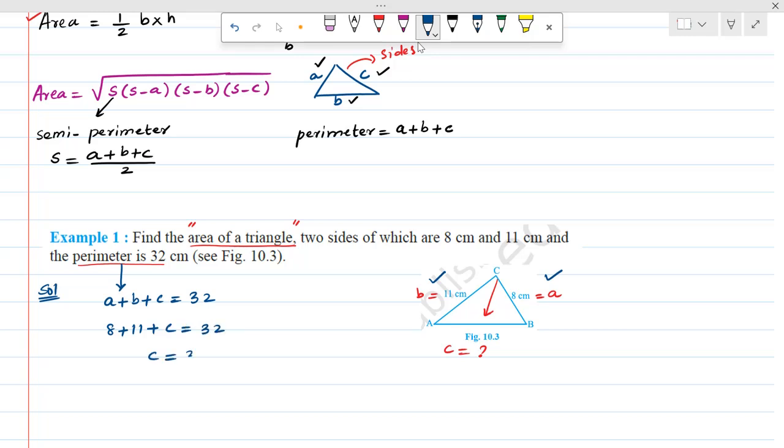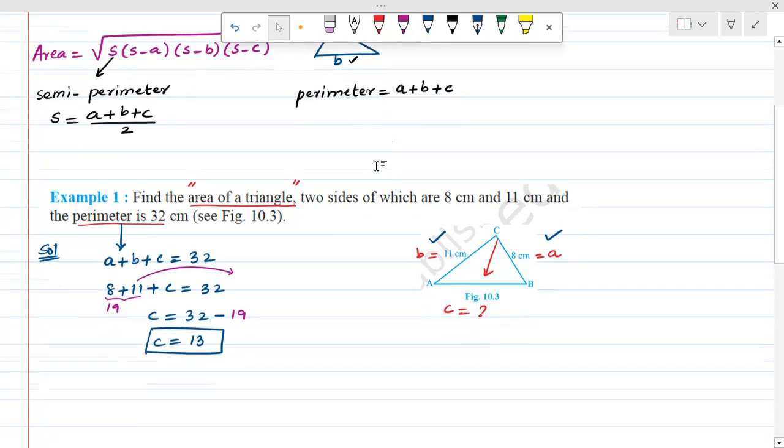So c is equal to 32 minus, after adding and simplifying, 19. I move the 19 to the other side and it becomes minus 19. So c equals 32 minus 19, which is 13. So you got the three sides.